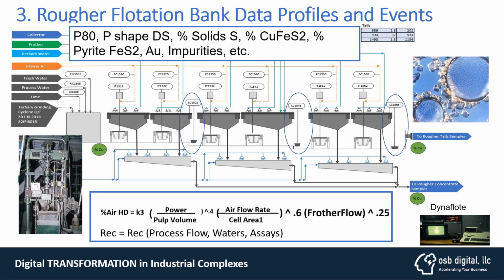In the flotation, once we have this set of data coming from the grinding and from the mine, we can assess the model and we can characterize the profiles that are required here by measuring the power and the level, and identifying this level perfectly, so we have the right power intensity in each of these reactors in series.